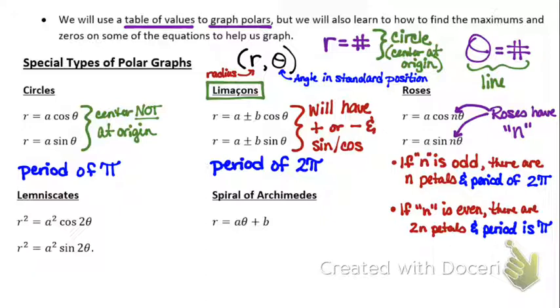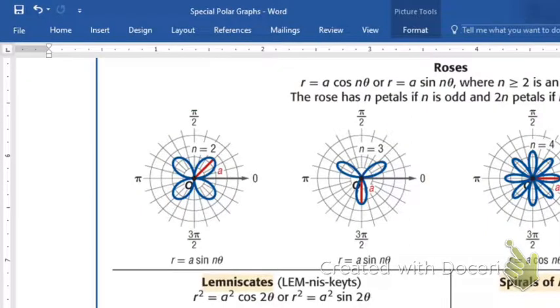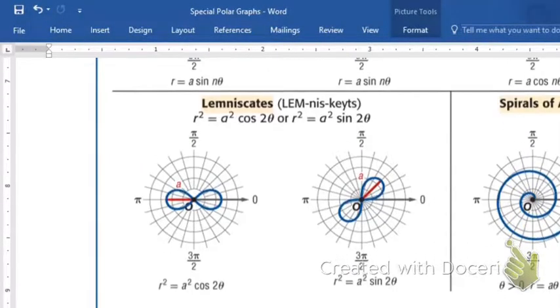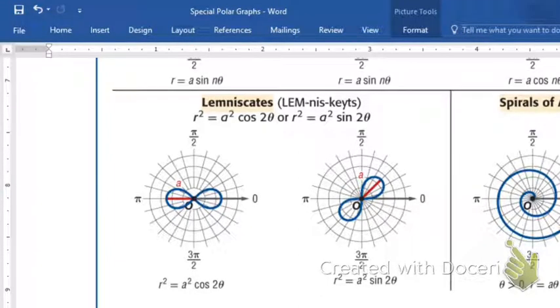All right, 2 more that we're going to look at. Lemniscates. If you look at that page with all the different graphs, what do the lemniscates look like? Figure 8, bow tie. It looks like a bow tie, or like an infinity symbol. How are we going to be able to tell from just the equation whether it would look like a bow tie or a tipped bow tie?